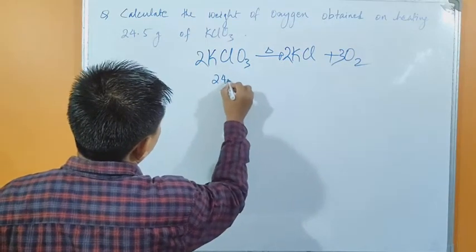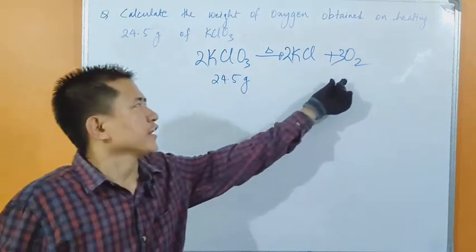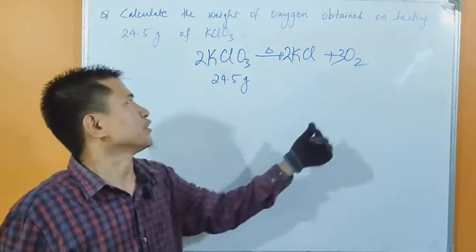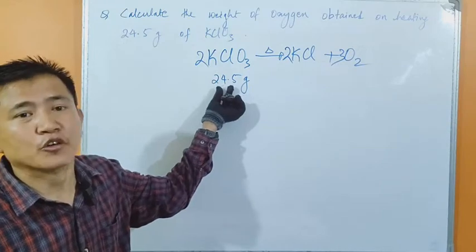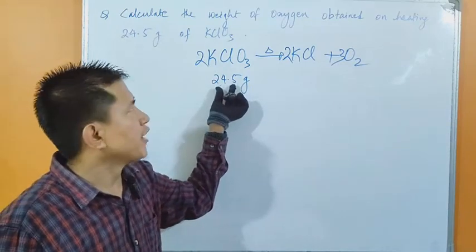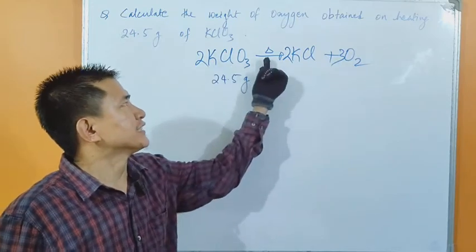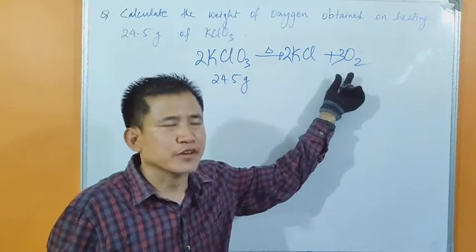Now 24.5 gram of potassium chlorate is given to us, and we are asked to find the weight of oxygen produced when this much potassium chlorate is heated. What mass of oxygen will be produced?